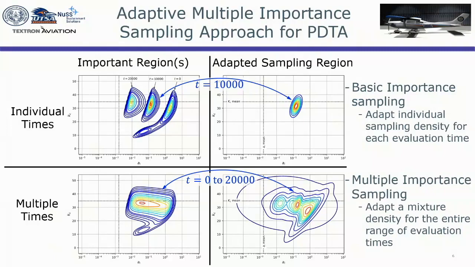You can use that to evaluate the POF at any time point in this range. So instead of adapting an individual sampling density, you're adapting a mixture of sampling densities to approximate an overall range of POF times.